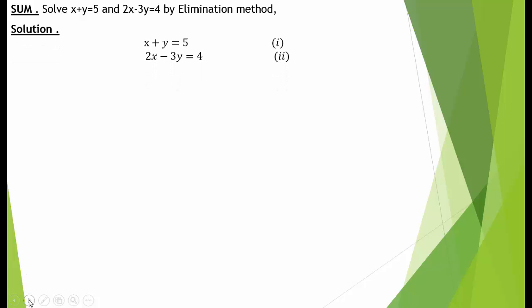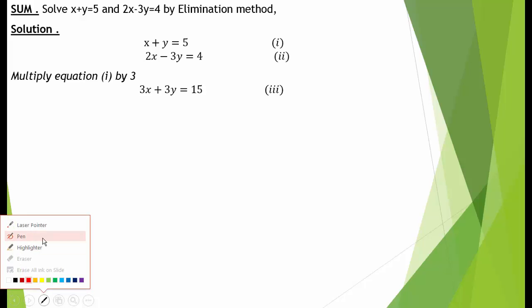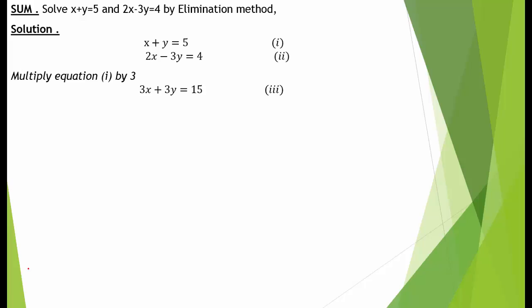So this is my first equation, x plus y equals 5, and 2x minus 3y equals 4 is the second equation. Now to make the coefficient of y equal, we will multiply the first equation by 3 so that this will become 3y. Multiply equation 1 by 3, you will get 3x plus 3y equals 15.